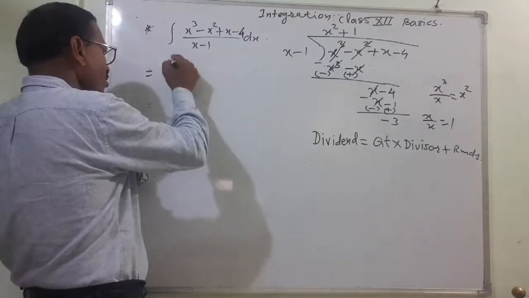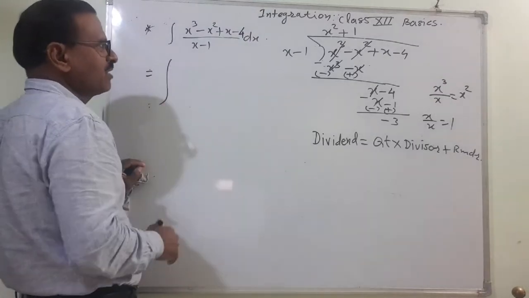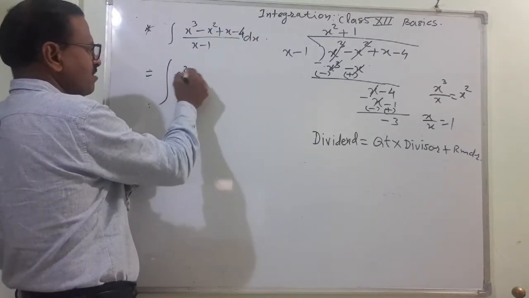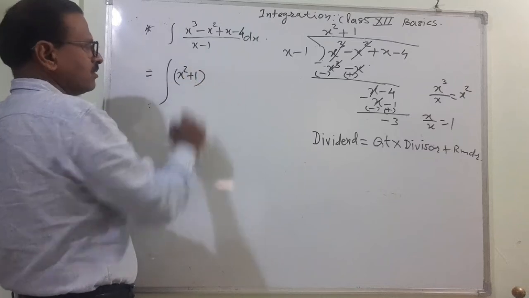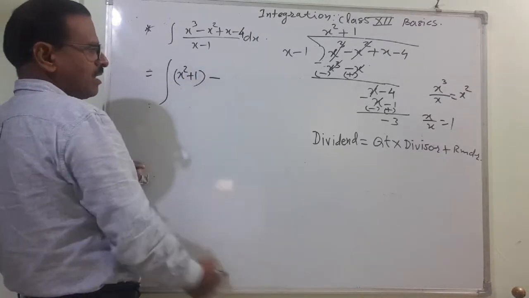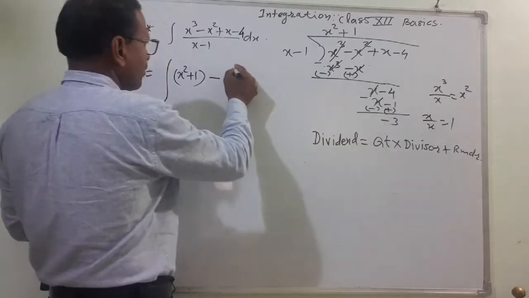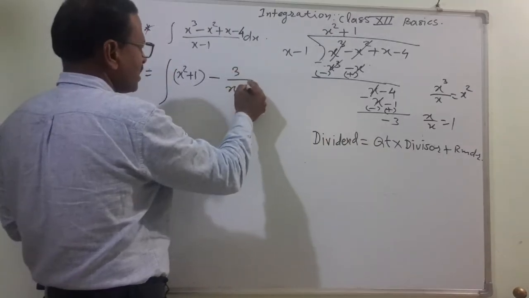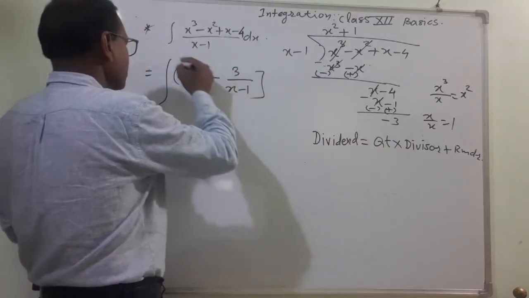So for that, the perfect division is x square plus 1, and the remainder is minus 3, so minus 3 upon x minus 1 dx.